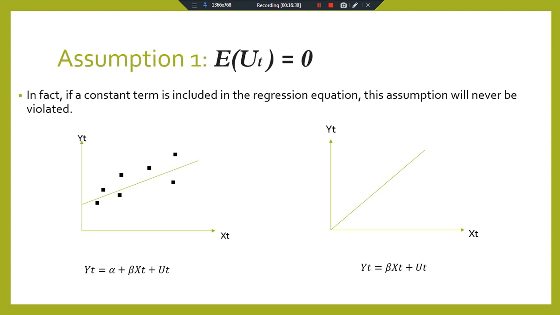But this is the main case, because under some financial theories, they prefer that the intercept or constant is not included in the regression model, because they believe that everything, like a business, started from zero. So that's why they prefer not to include an intercept or constant term in the model.